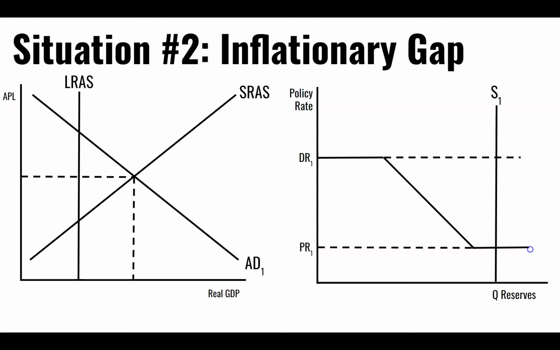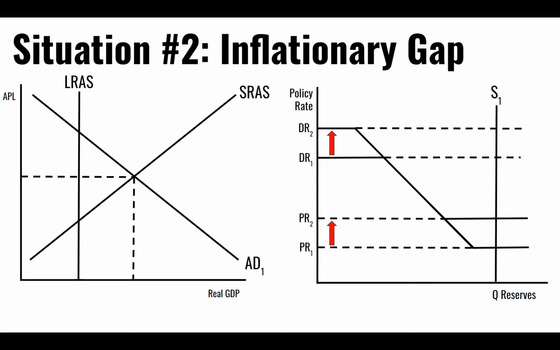The Federal Reserve could announce an increase in the policy rate and an increase in the discount rate. That increase in interest rates makes it more expensive to borrow for both consumers and businesses, which will cause the aggregate demand curve to shift to the left, closing that inflationary gap, causing the price level to fall, and bringing the economy back to long-run equilibrium.